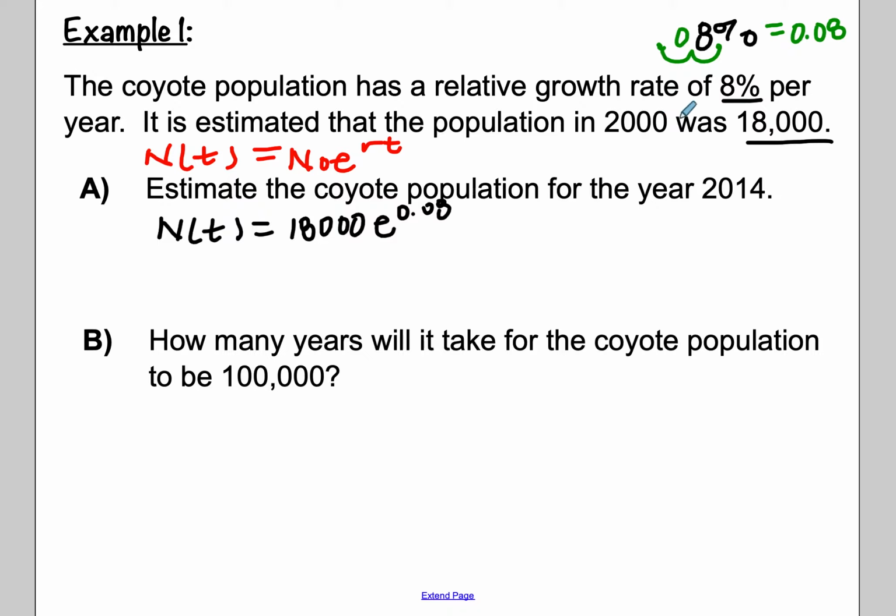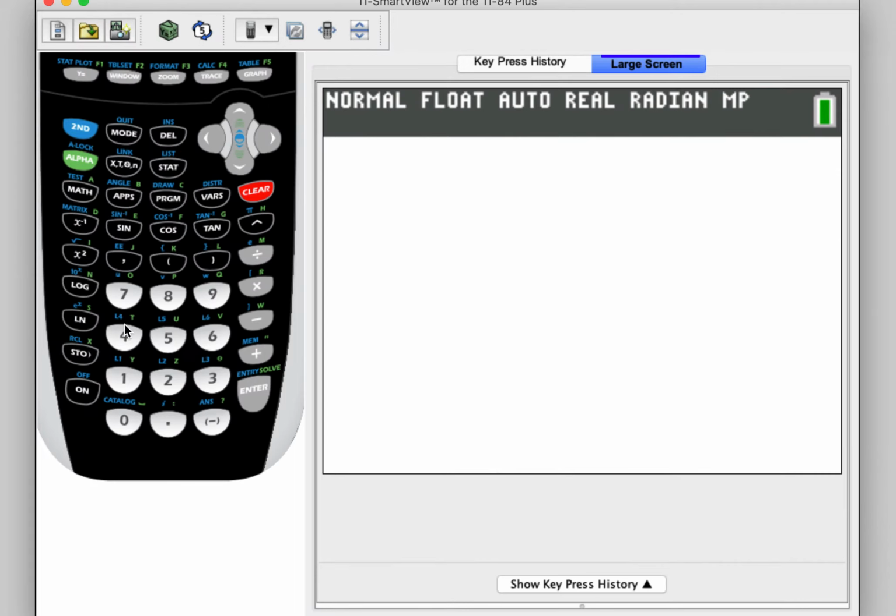If we started in 2000, to go from 2000 to 2014 is 14 years, so our t is 14. Then we type this in to get our coyote population. We have 18,000. Then e is either above your division sign or above your ln. If you use the one above the ln, it naturally provides you with an exponent. So it's e to the 0.08 times 14.